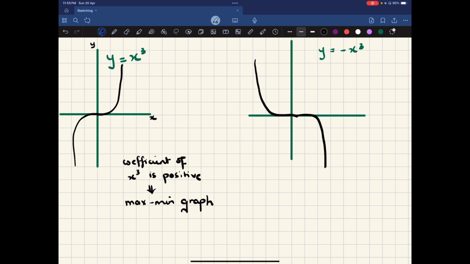And when the coefficient of x cubed is negative, we will have a minimum maximum graph.